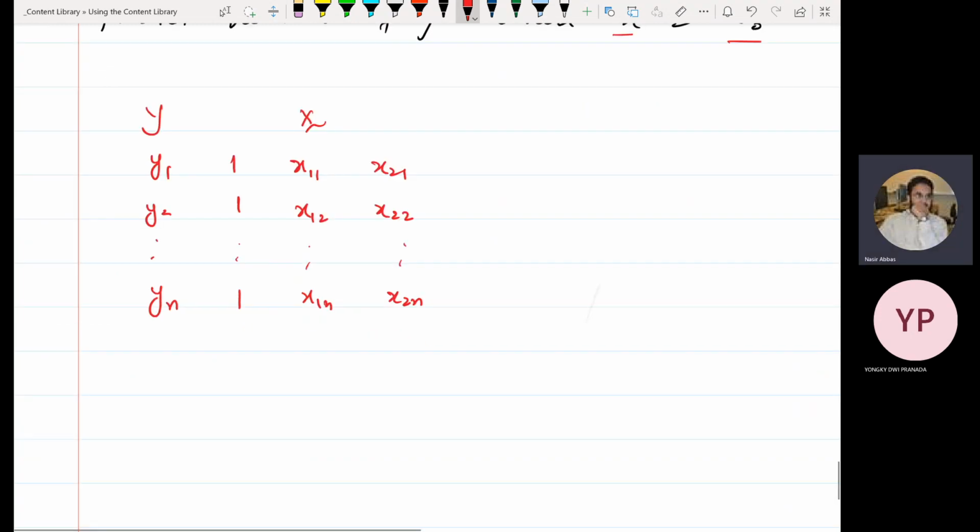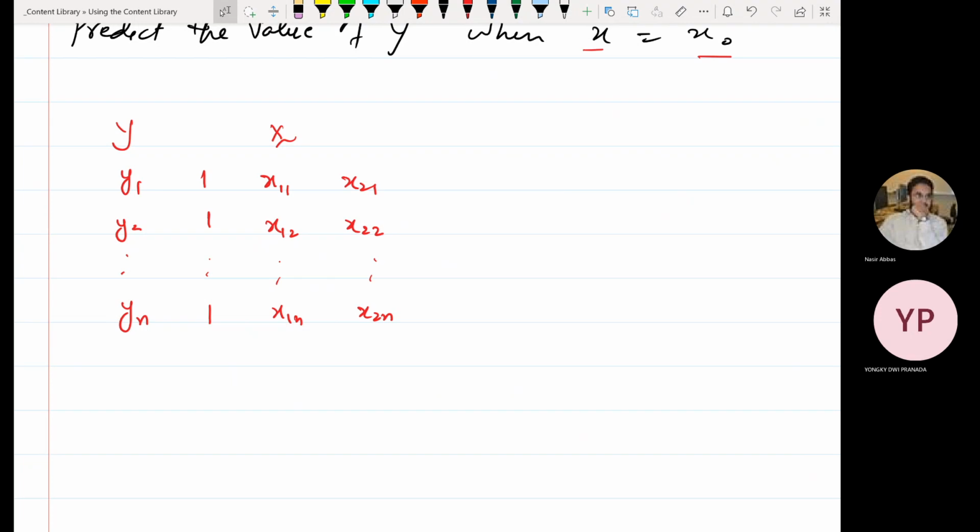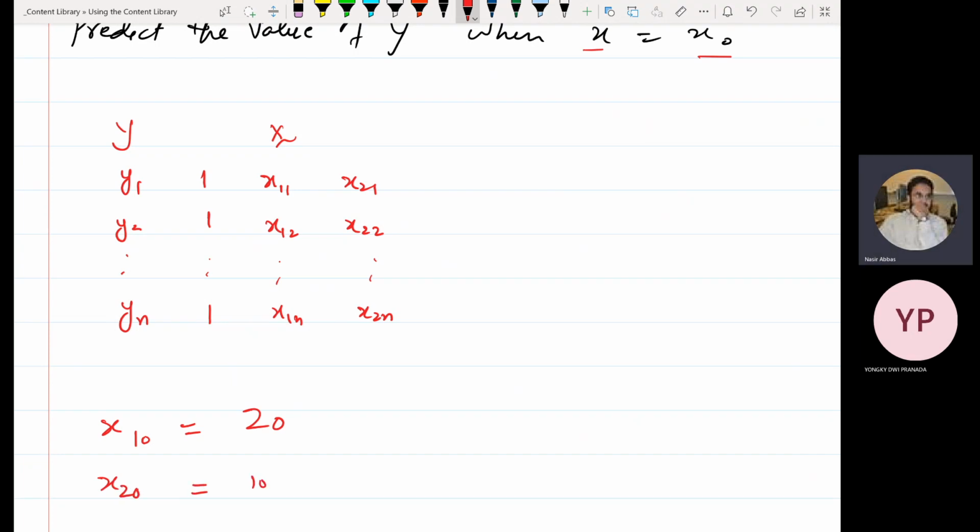Now I give you a question. Let's say tomorrow, the person who fills the vending machine has to go and fill a vending machine that has number of cases equals 20 and distance equals 100.